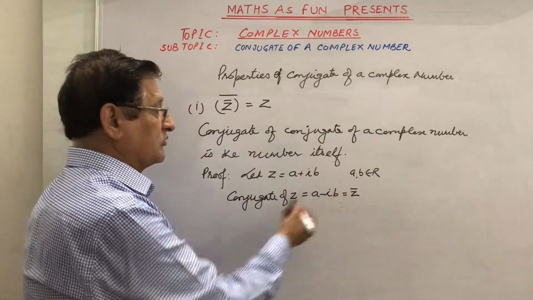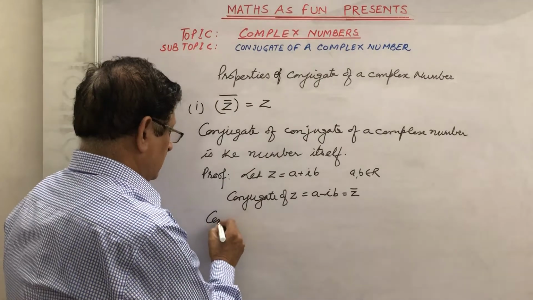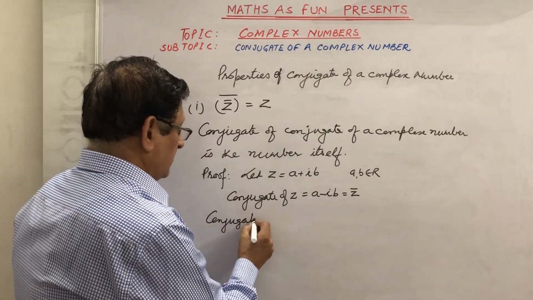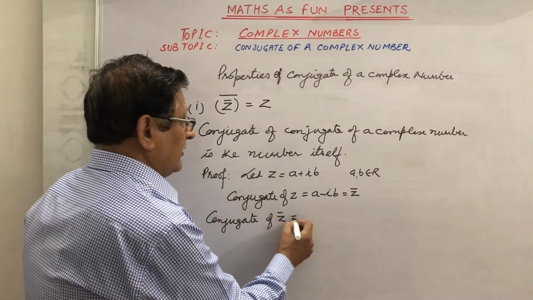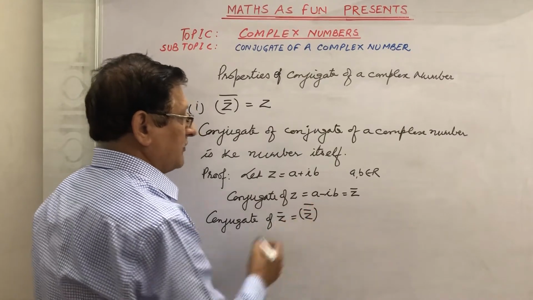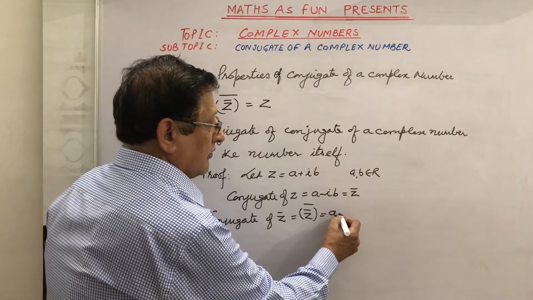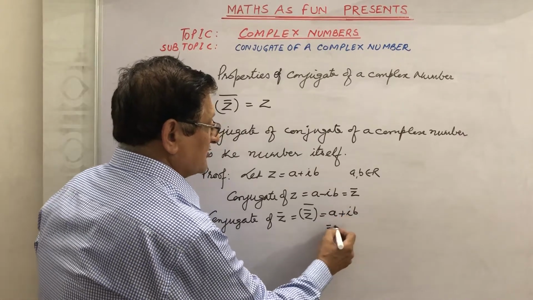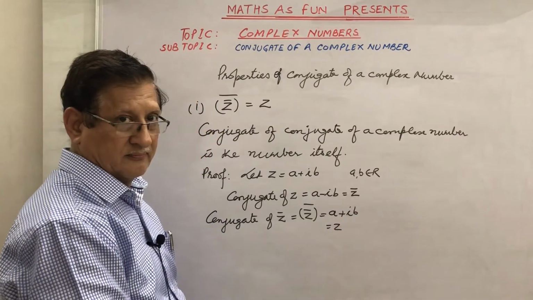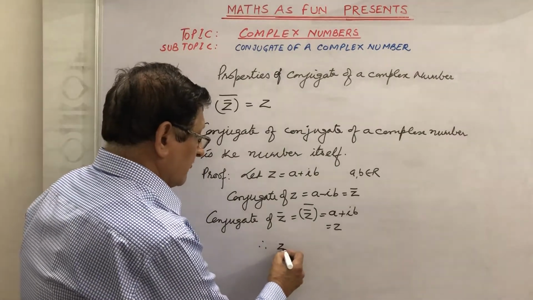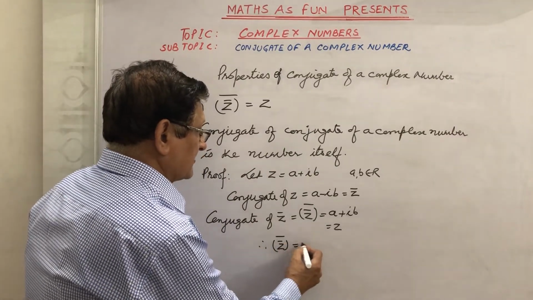Now if we find the conjugate of this conjugate, the bar of z bar will be equal to a plus iota b, which is equal to z, and therefore we can say the conjugate of z bar is equal to z.